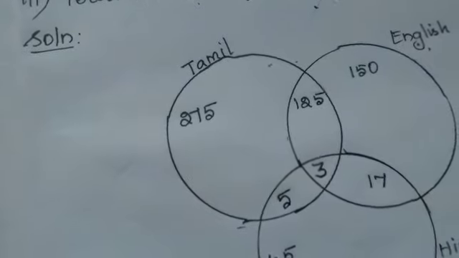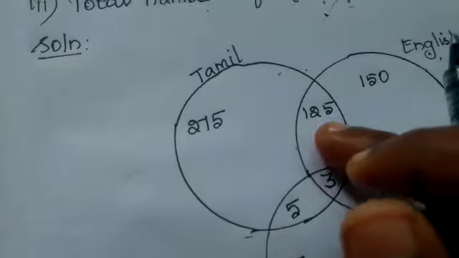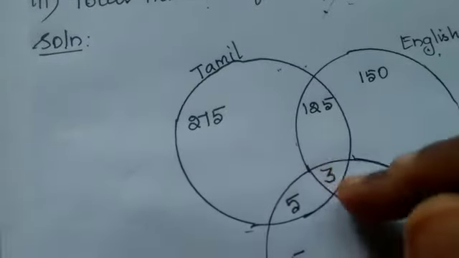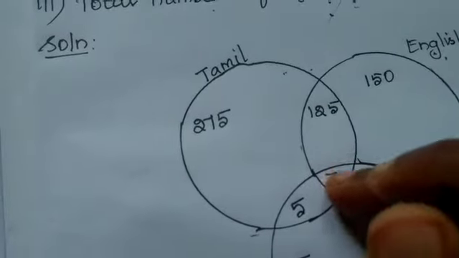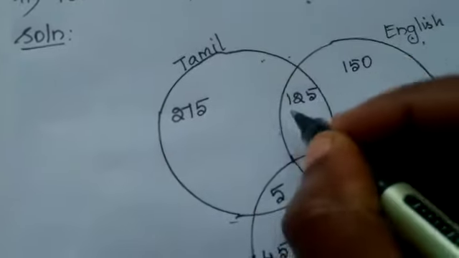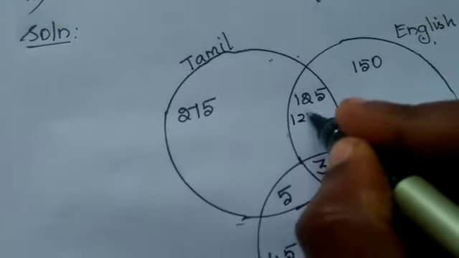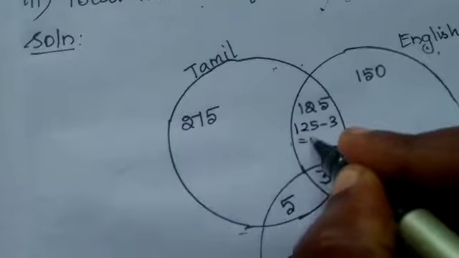Next, how will you find? Now both Tamil and English 125. These 3 are also included here. Those who bought all the 3 will come in both Tamil and English, right? So first we subtract this common 3: 125 minus 3 equal to 122.